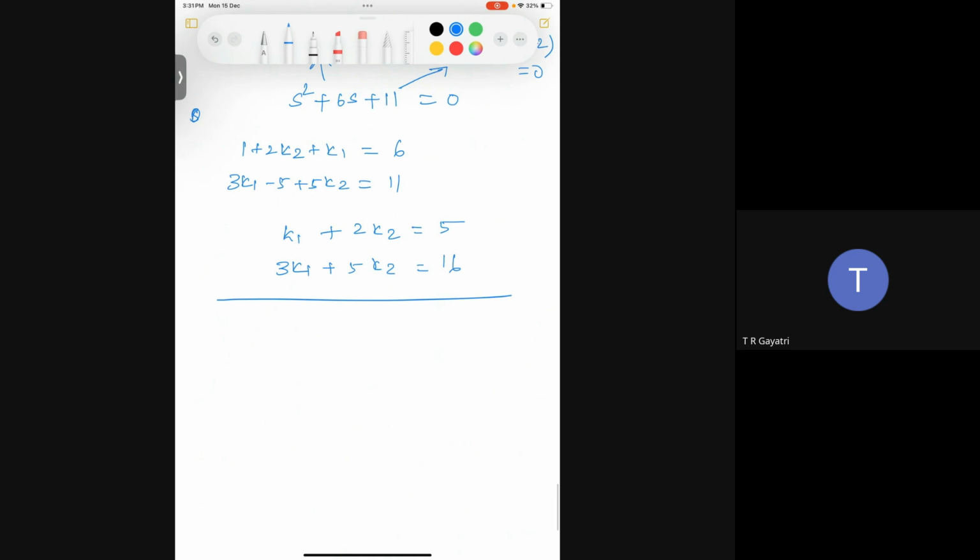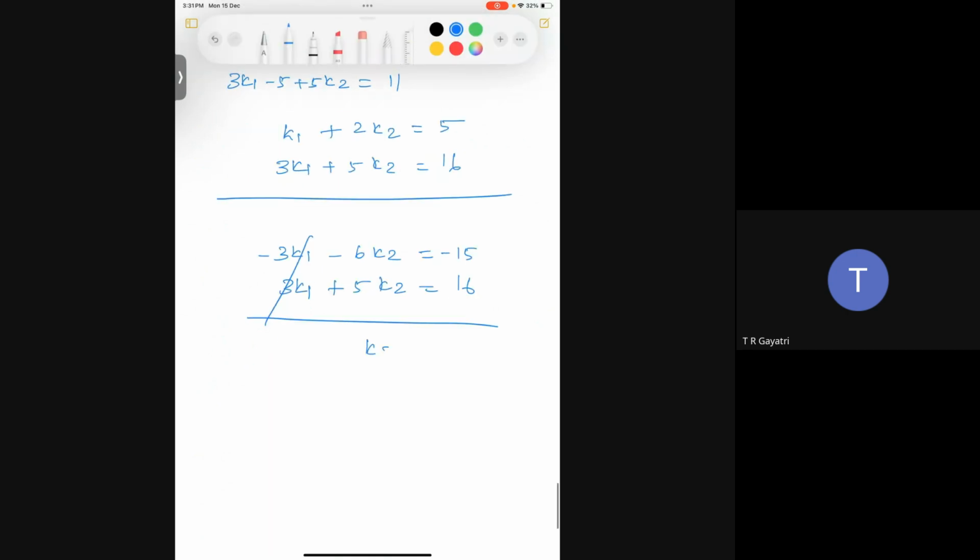So how can I write this? I can write minus 3k1 minus 6k2 equal to minus 15. 3k1 plus 5k2 equal to 16 as it is. Adding these, this will give k2 equal to 1.